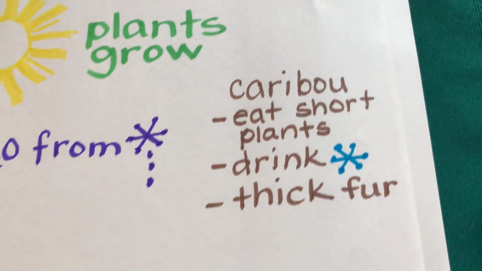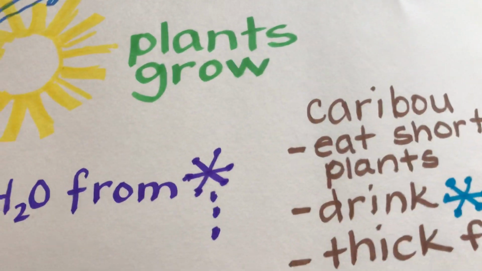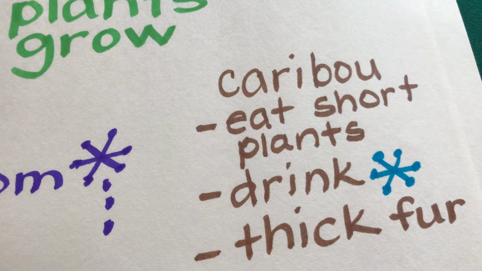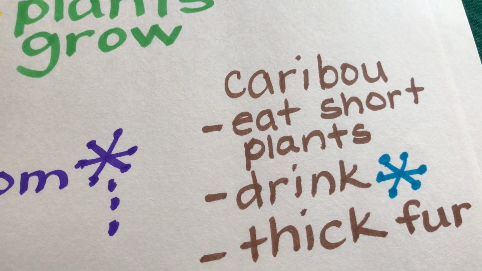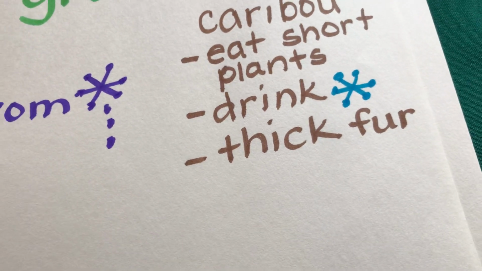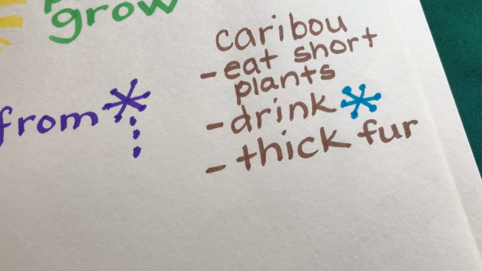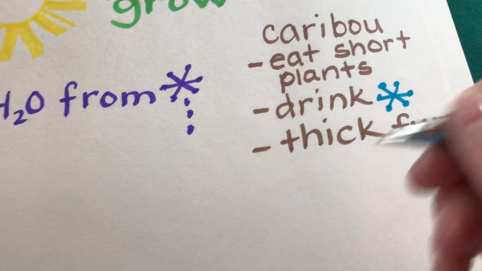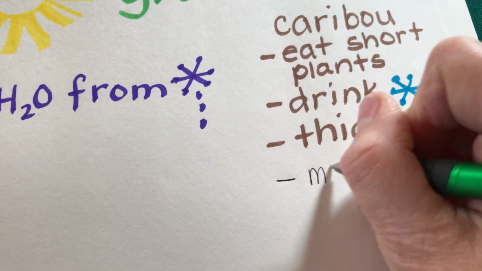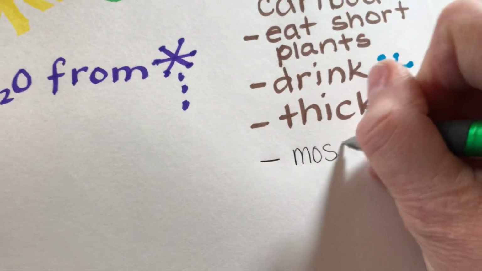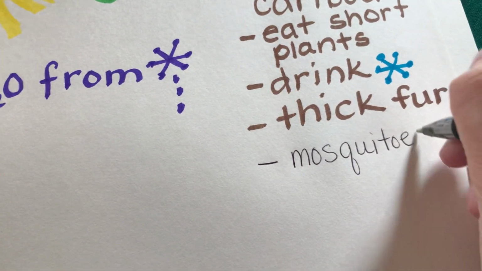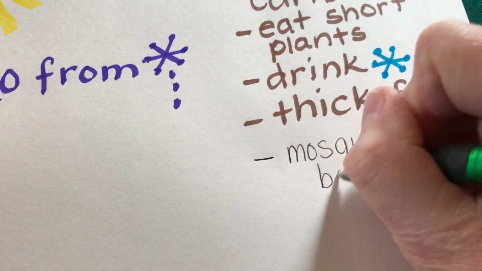And then I wrote some little things about the caribou. They eat short plants. They drink water that was melted snow. And they have thick fur. You know, I forgot to write something else that I think is important, but let's see, maybe we could say mosquitoes bother them.